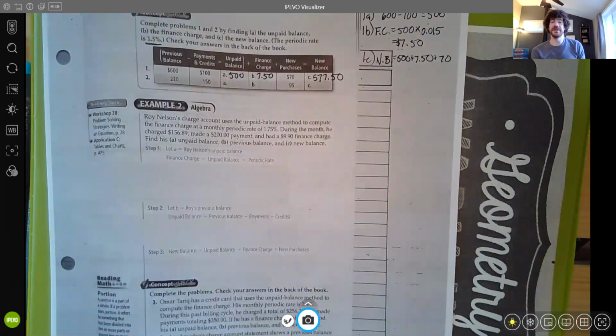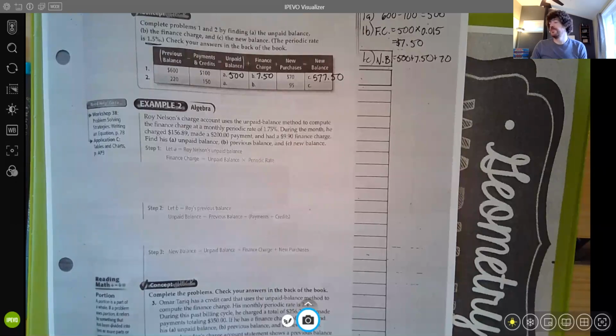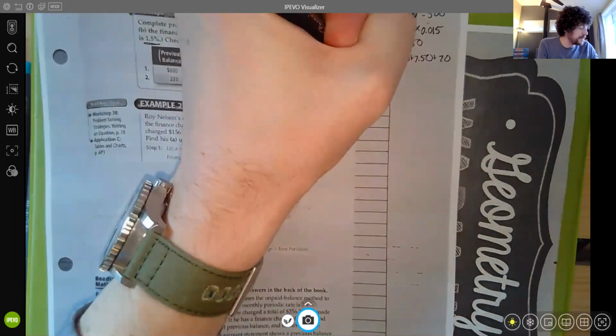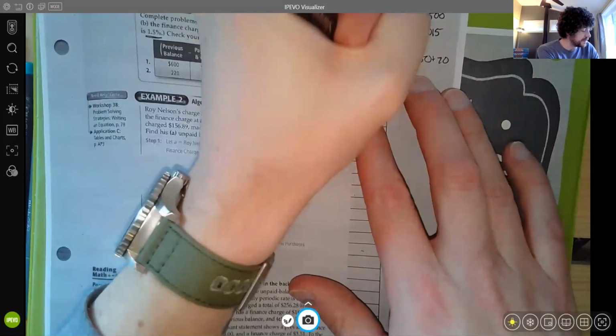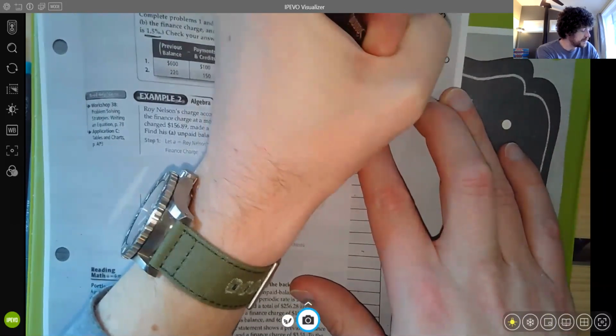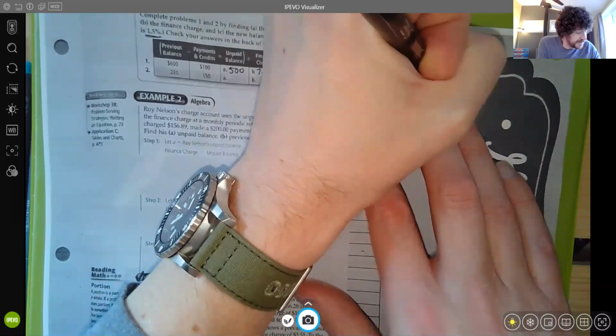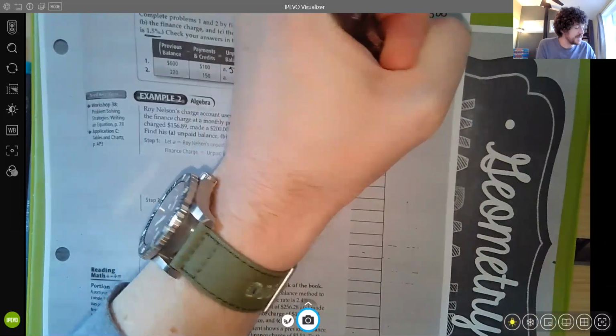So what is the unpaid balance for 2A? $70. Good. So we're talking about $70 earning interest. All right. So that's going to be 2A, 220 minus 150. So unpaid balance 220 minus 150 equals 70.